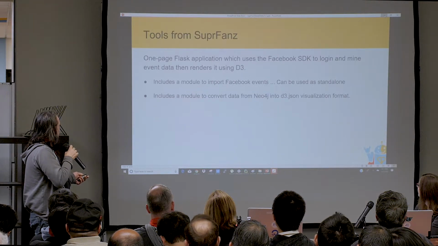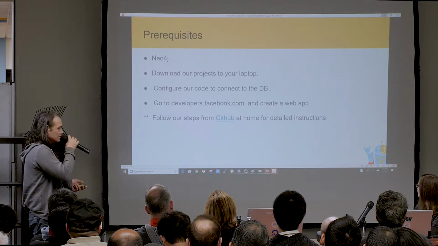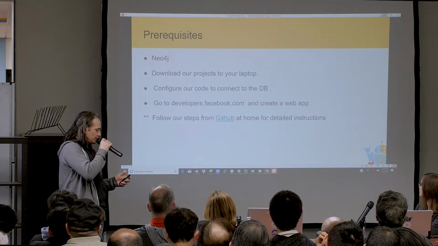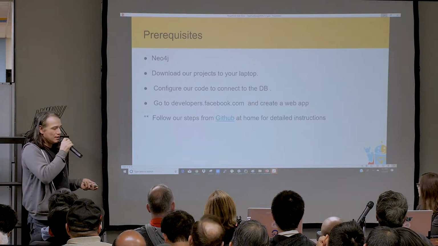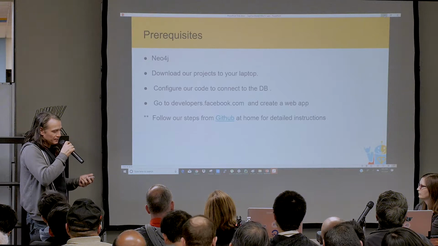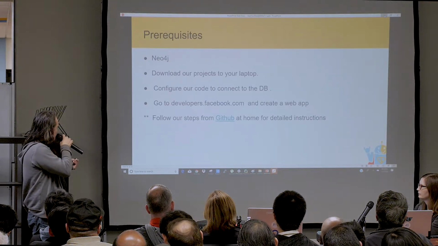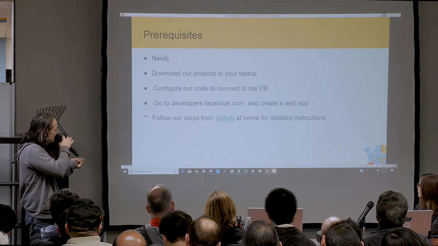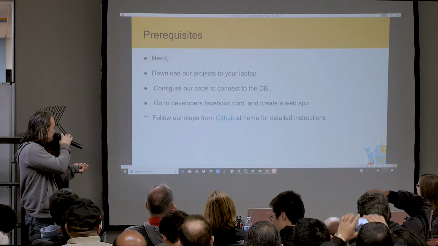Some prerequisites before you get started. You have to download Neo4j, or use the sandbox that's freely available in the cloud. You're going to download our application to your laptop.